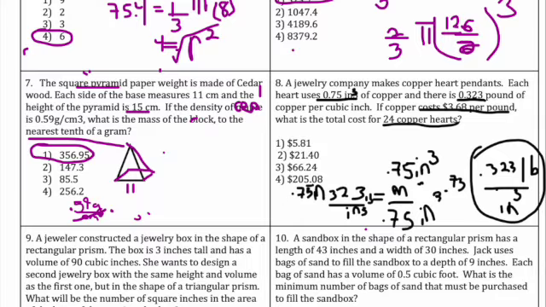It's really hard to write on here, so I just want to write 0.75 inches cubed is what I'm going to multiply this by.